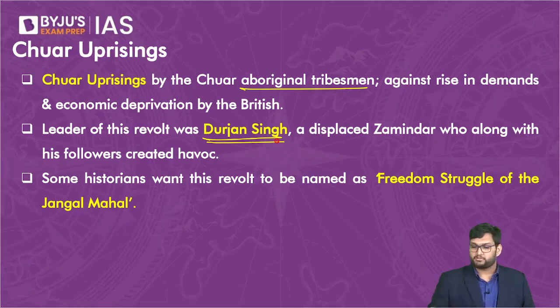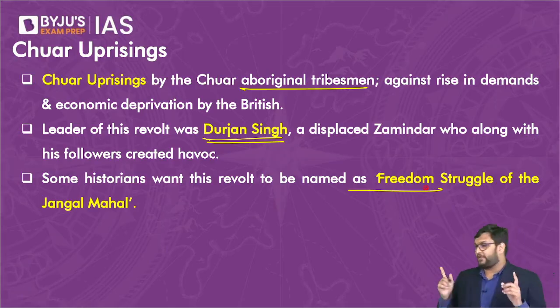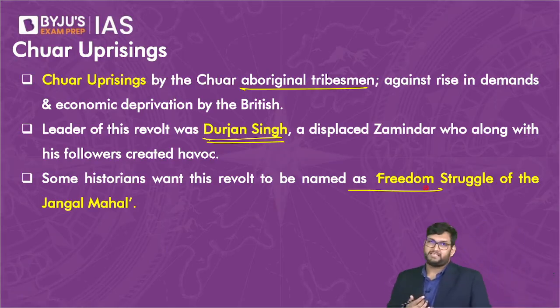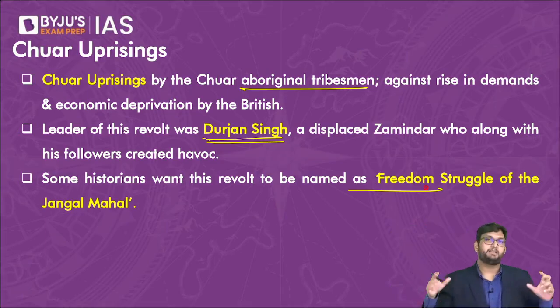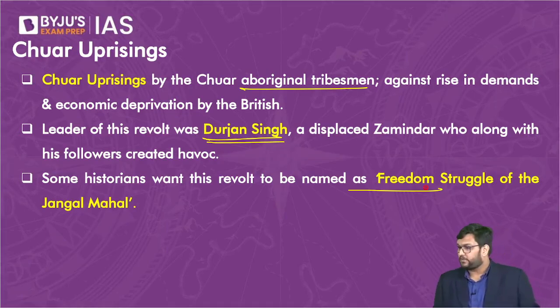Some historians call it the freedom struggle of the Jangal Mahal, and that is why it was recently quoted under the Azadi Ka Amrit Mahotsav. Jangal Mahal means the forest kingdom, and Durjan Singh was mentioned in that. That is why I mentioned it here.